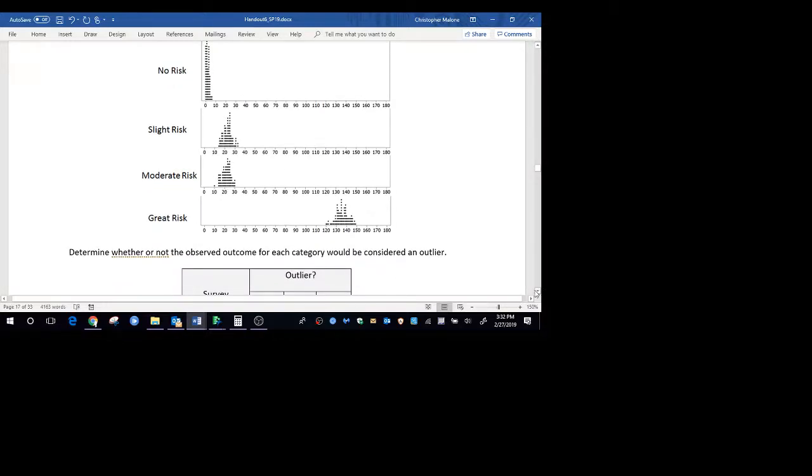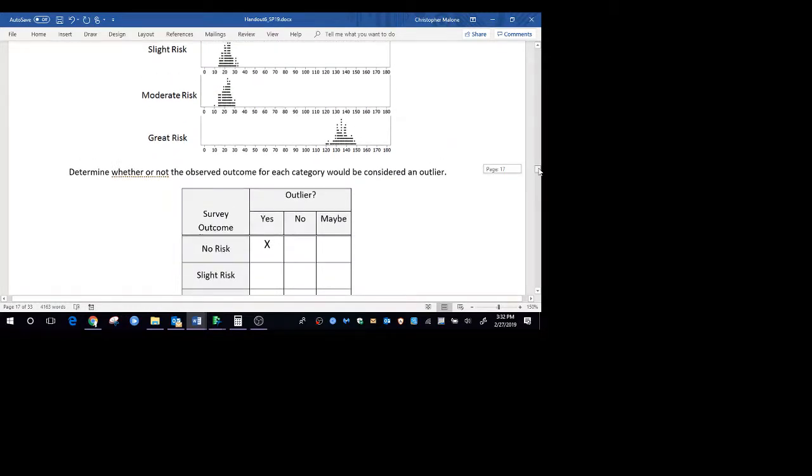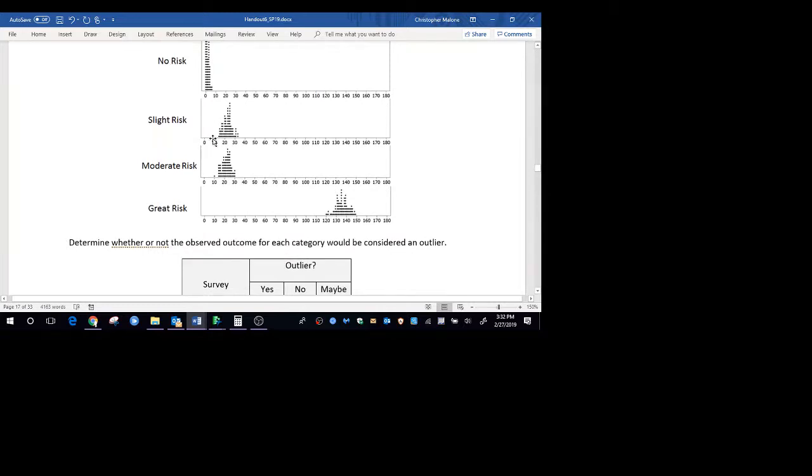So let's just do a real quick check here. My observed data for no risk, I believe, was 9. 9 certainly looks like it's an outlier in that picture. So no risk, yeah, that's an outlier. How about for slight risk? Again, 9 looks like it's going to be an outlier in that one. It's on the lower side, so that's going to be a yes, that's going to be an outlier.